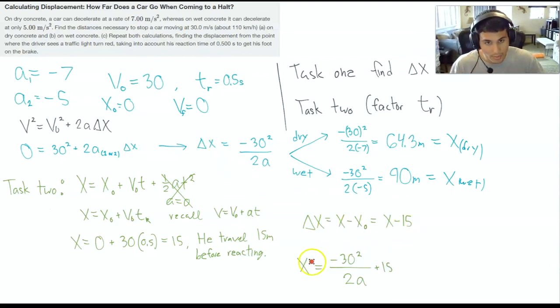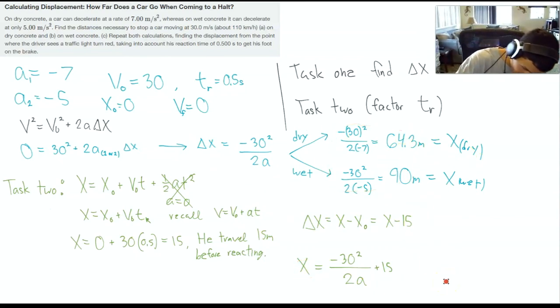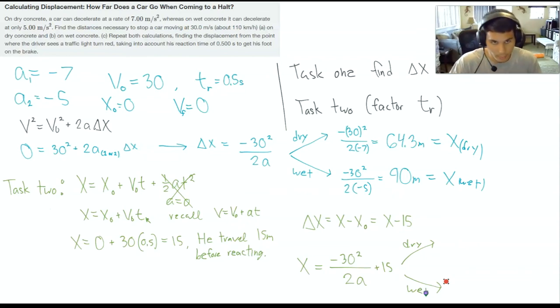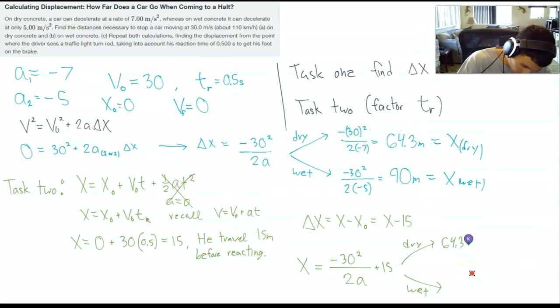We're just going to put the 15 on the other side to make this equation valid. So it's very similar to this one. And then we're going to have a dry and a wet. Right, so what will this be? This is going to be 64.3. We know it's 64.3, but it's going to be plus 15. And this one's going to be 90 plus 15.